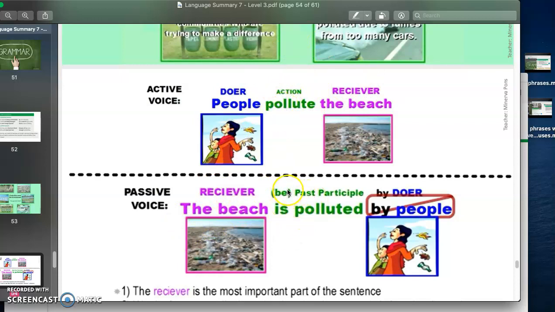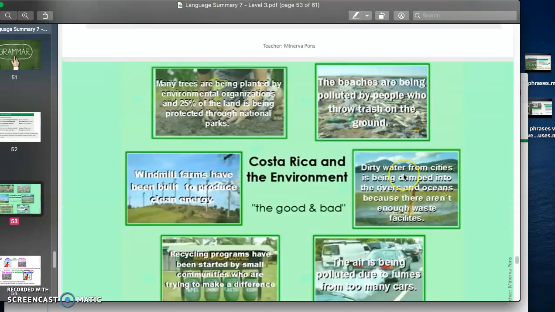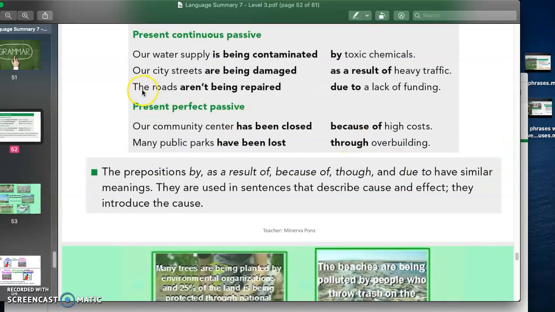In this case, we're using the verb to be, is, and the past participle. Is polluted, we can say by people, but it's not necessary to include the doer in the actions. So we can say, for example, our water supply is being contaminated.